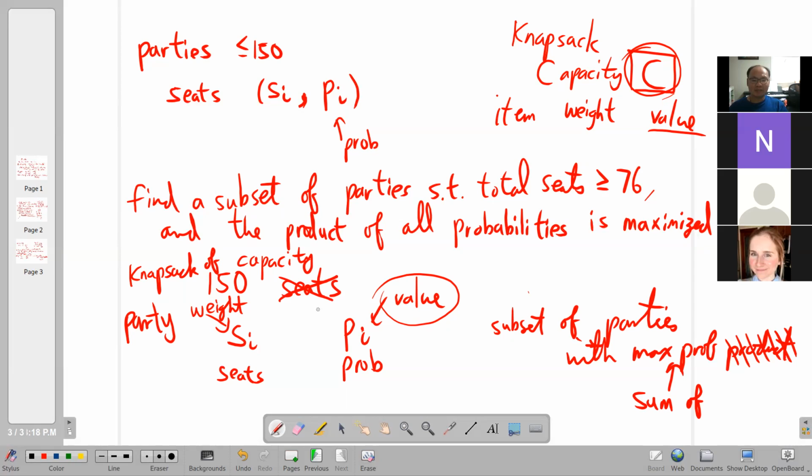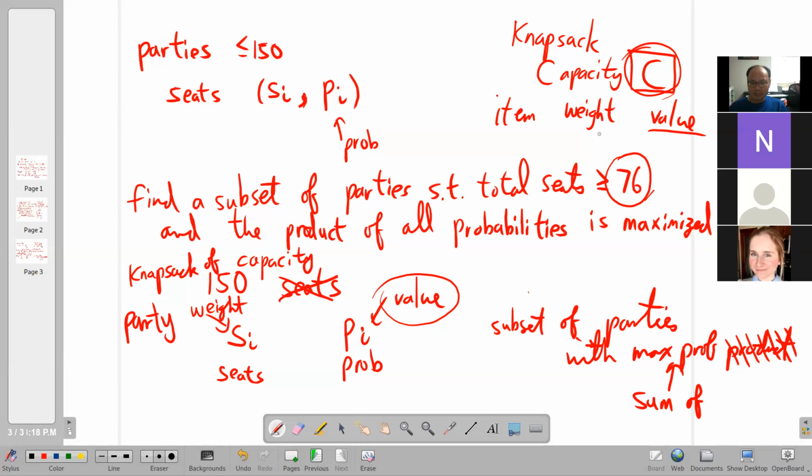And then you're going to look for the best answer out of 76 seats, 77, 78, 79, all the way to 150. So that's the first part of why this is like knapsack. Does that make sense?